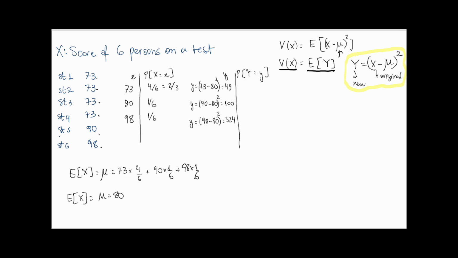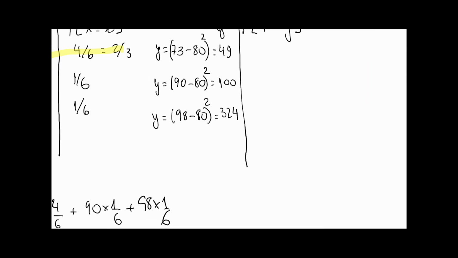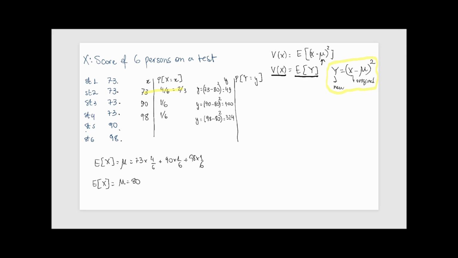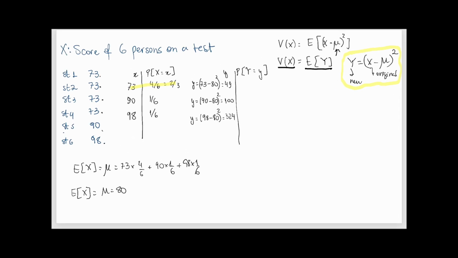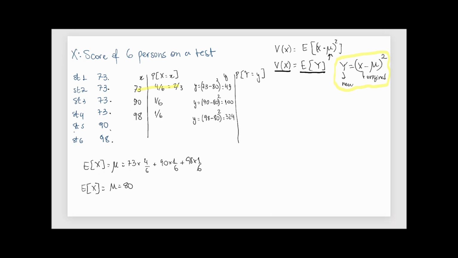Well, so that y is 49, my x needs to be 73 and only 73. And so the probability is the same as for this line, it is 2/3. Two thirds.